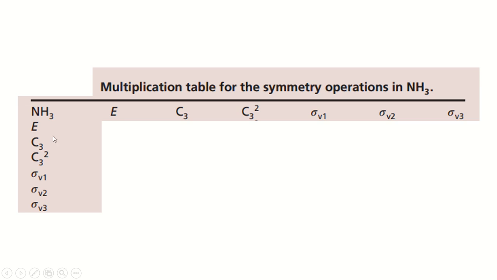and their product. So after completing this row for the first operation, we go to the other operation, which is C3. After applying C3 to identity, we have to write the symmetry operation result, because this is the operation and this is the operation.